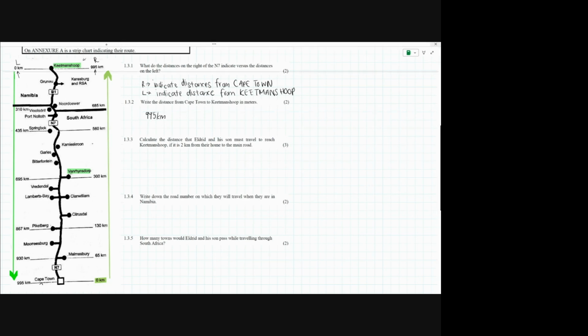Now that's not what the question asked me to do. It asked me to put it in meters. So now, and this is what I was saying earlier, we bring in a lot of measurement knowledge. Now we need to convert from kilometers to meters. Can anyone remember how many meters there are in a kilometer?